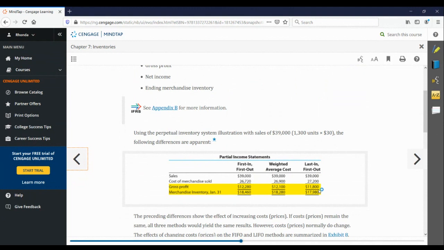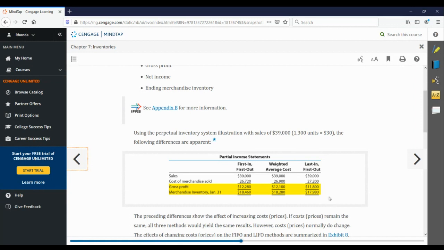I want you to look at those because, as we've talked about in the past, management can decide which method they want to value the cost of the ending inventory at, and the different methods will all affect your net income and your balance sheet differently.